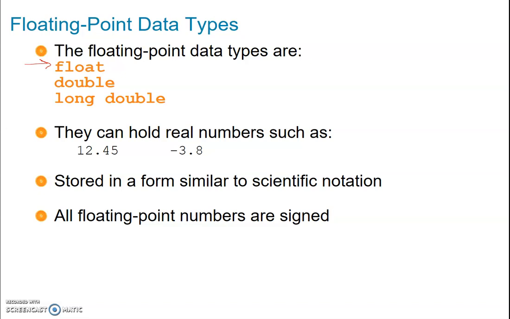In Java for the AP class, the testable value is the double, and so I more times than not will use double for that reason, just to get you used to that. But this can hold numbers that are, as you can see, regular decimals, whether they're positive or negative. They are stored in the form of scientific notation, and we'll see that when we look at displaying some of these values. All floating point numbers are signed, so they do have the ability to have the plus minus.